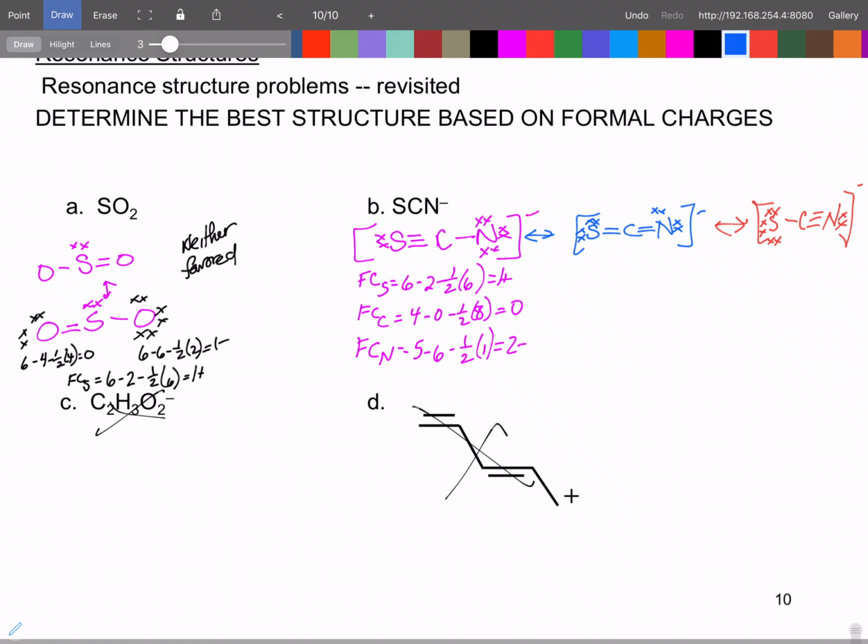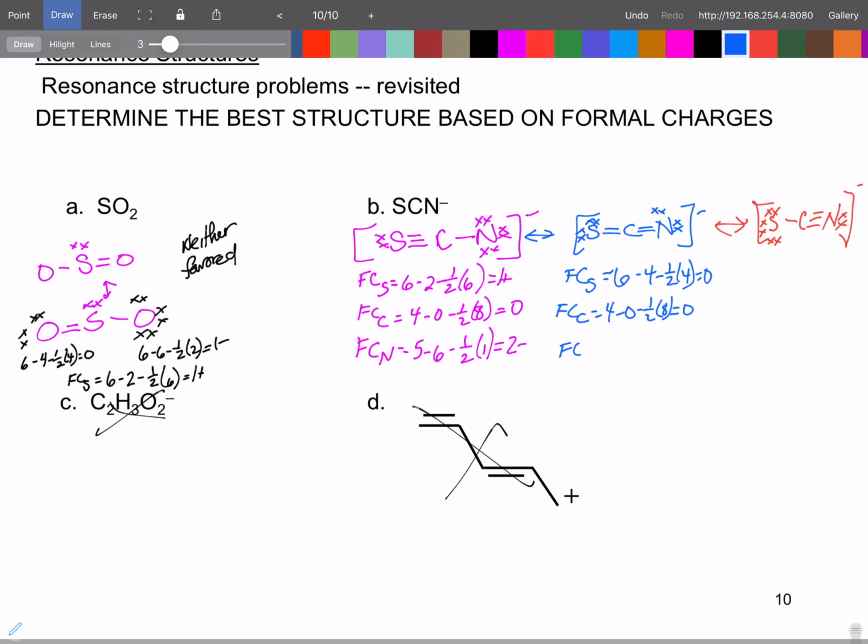The blue one: formal charge of sulfur is 6 minus 4 minus 1/2 of 4, which is 0. Formal charge of carbon is 4 minus 0 minus 1/2 of 8, which is 0.